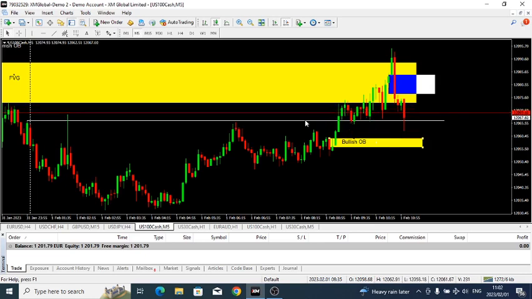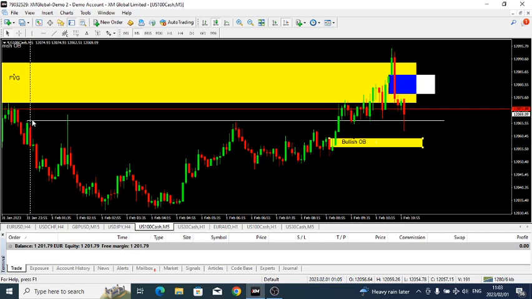This is the white line, the white horizontal line. It is the New York midnight opening price on any asset. You go to Euro USD, you go to pound, you check the line, you check the price at this vertical line, the first candle.